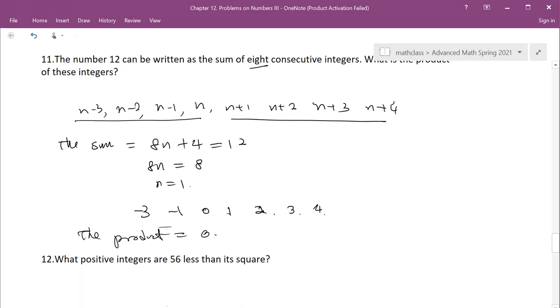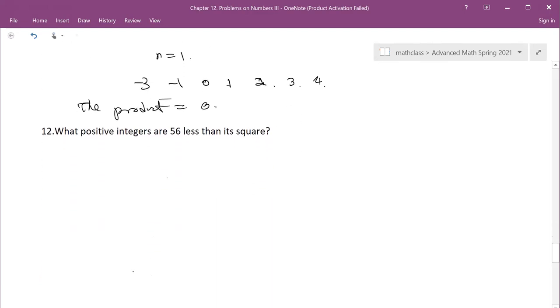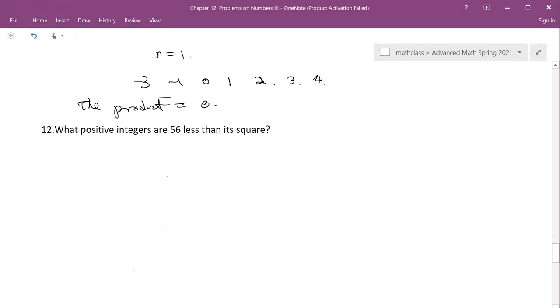Okay, let's take a look at the next problem. What positive integer is 56 less than its square? So what does that mean? That means a positive integer is n, right?